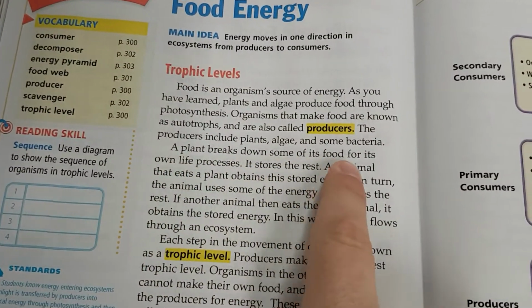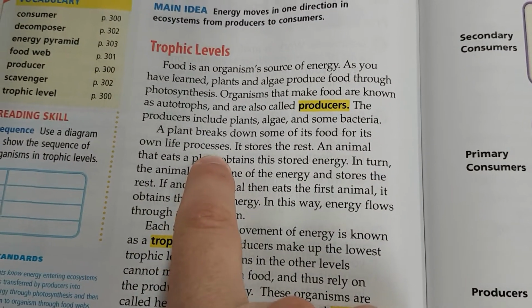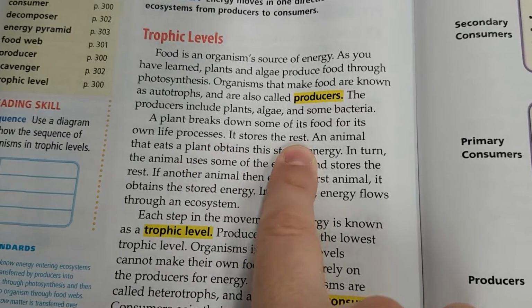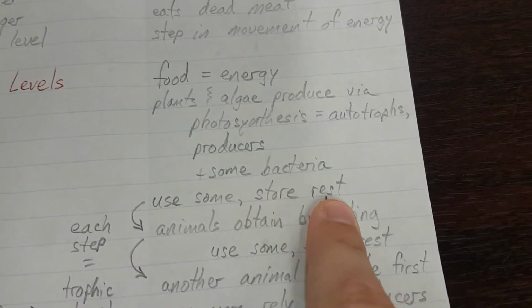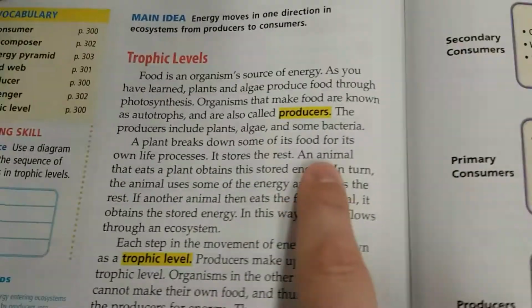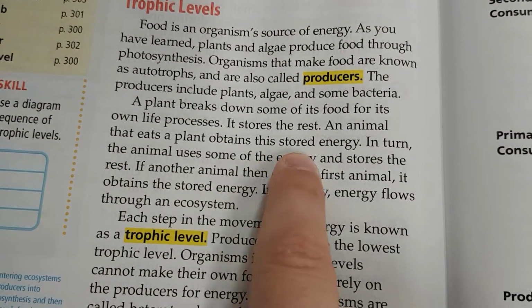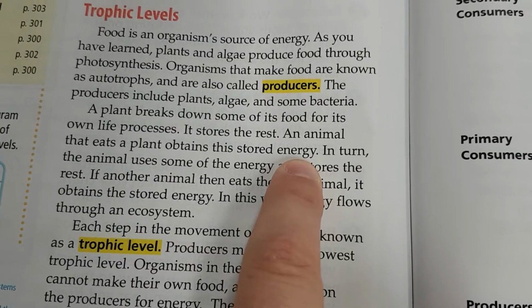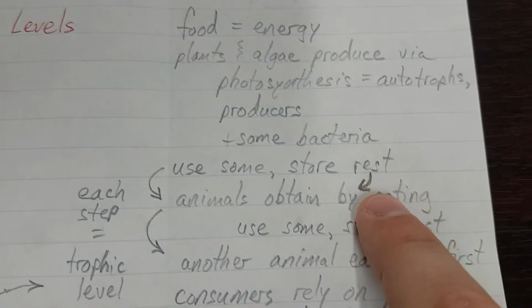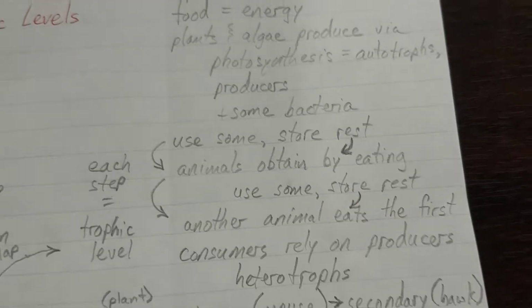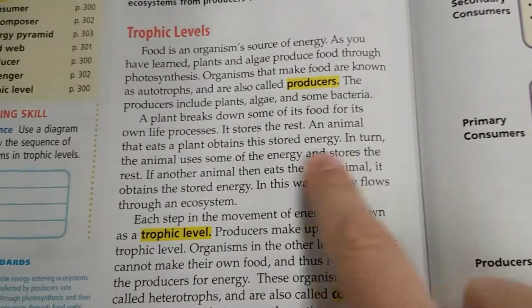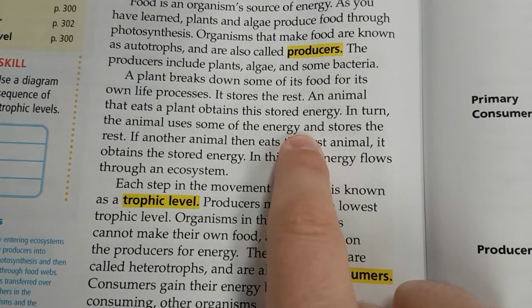A plant breaks down some of its food for its own life processes. It stores the rest. Use some, store the rest. An animal that eats a plant obtains this stored energy. Arrow, animals obtain by eating. In turn, the animal uses some of the energy and stores the rest.